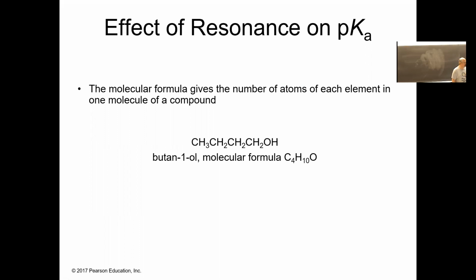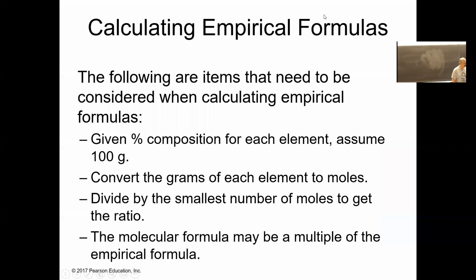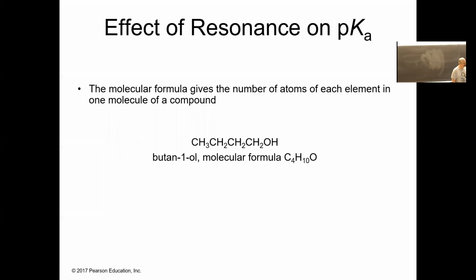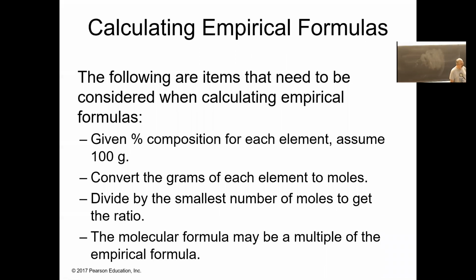All right, next we'll talk about, actually, let's skip over that one. I'm going to mention this briefly, and that's empirical formulas. This is the smallest ratio of elements in a compound.